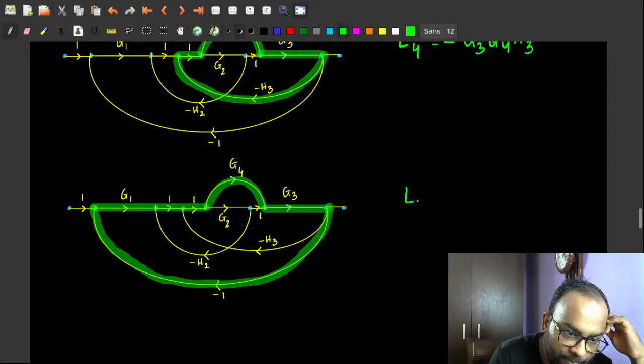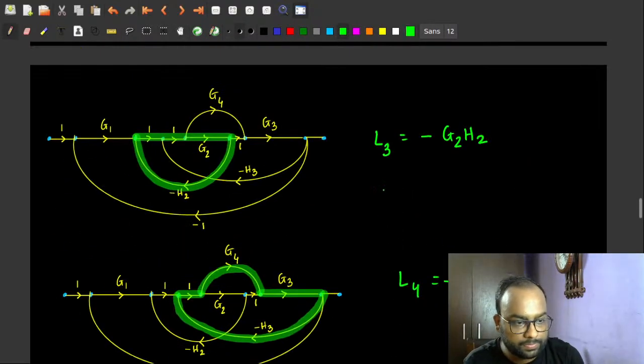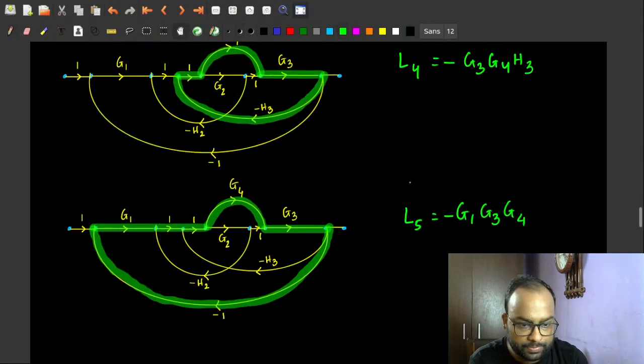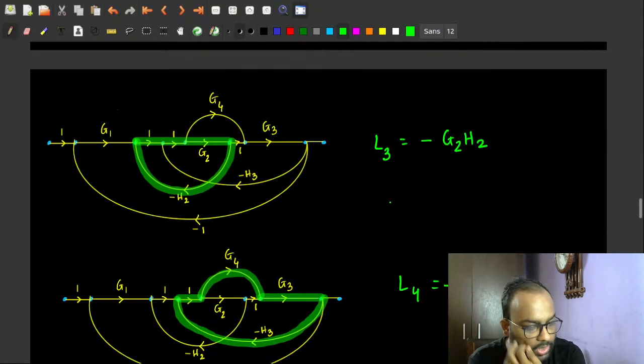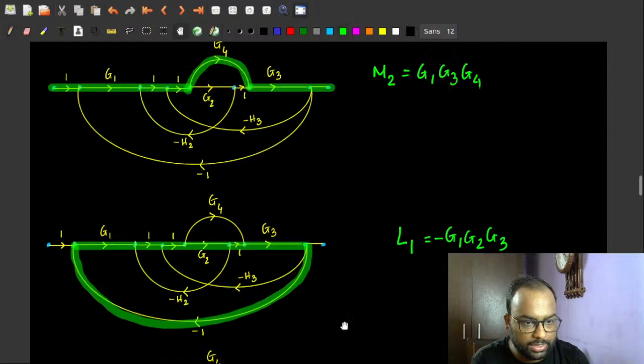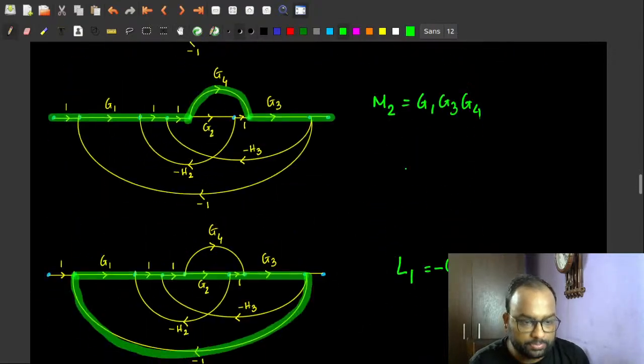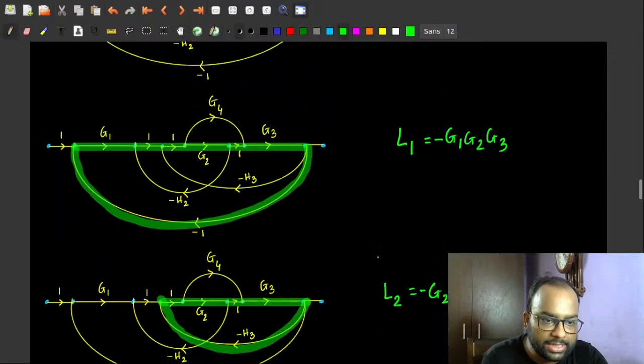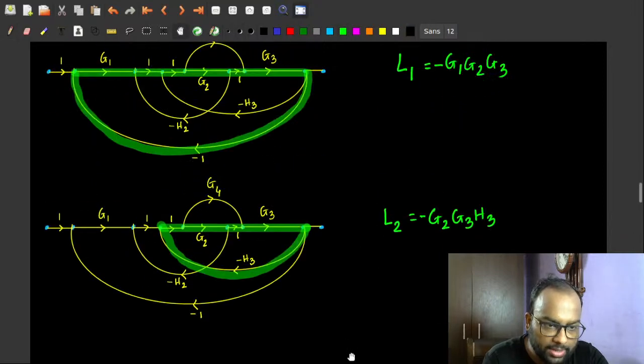And for loop 5, I have G1 G3 G4, with a minus sign. All right, so these are all the possible loops, and two forward paths. Got it? Now let's think about which non-touching loops there are.